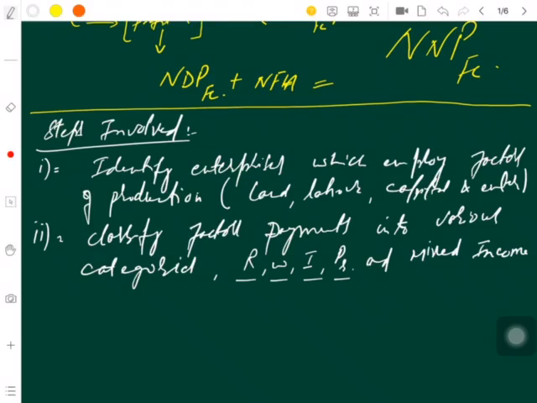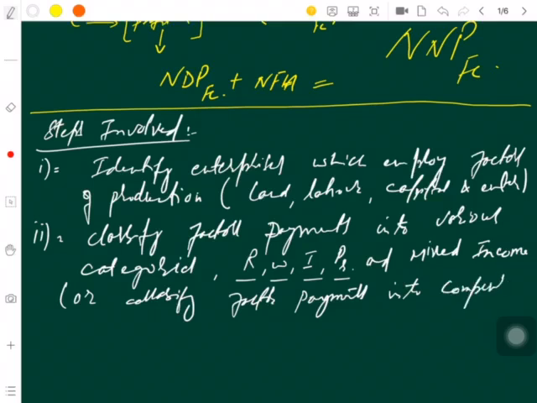Or you can say this mixed income can be taken as classify factor payments into, this is important now for you people, please bear it in mind, compensation of employees, mixed income, and operating surplus.